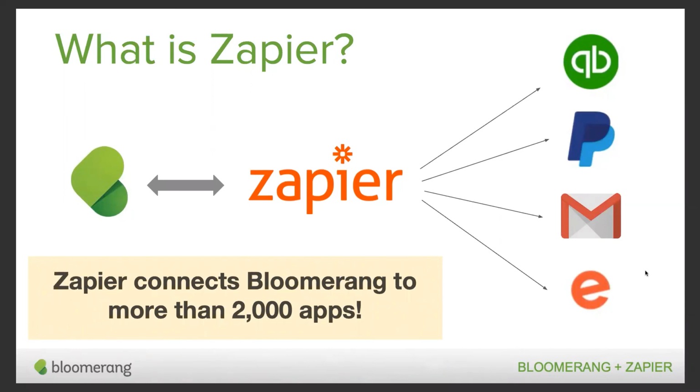So Zapier is automation software. It's an integration designer that helps you build integrations with blocks called triggers and actions. And with Zapier, you can build one or many integrations all within one platform. With Zapier, you can do a lot more than just Google Sheets. You can really automate hundreds of tasks around your Bloomerang system.